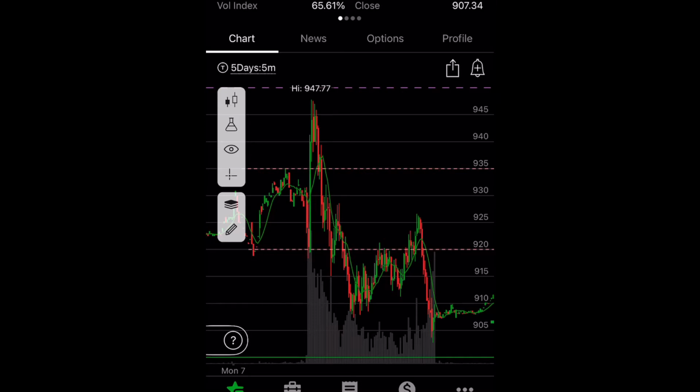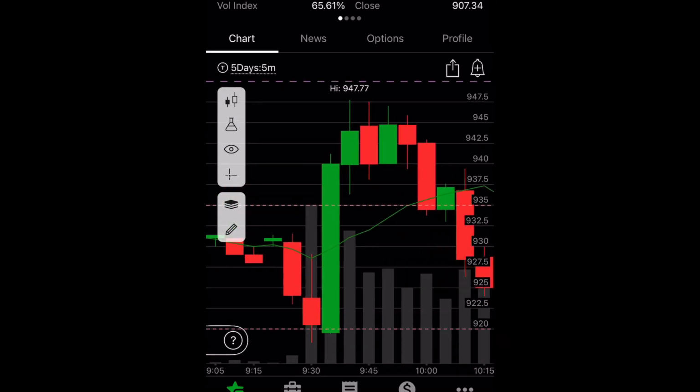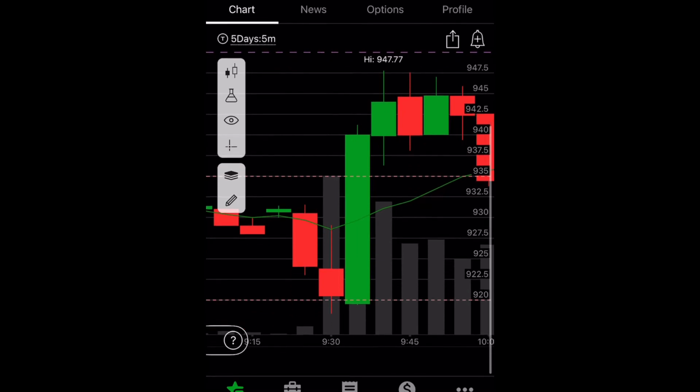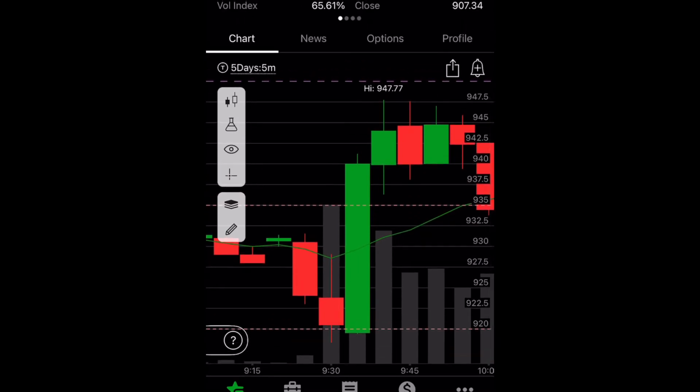So if you were kind of used to charting and kind of got a feel for the stock, you would have known, okay, this been trading at these levels. It got this much volume, and you can correlate that with the next move.